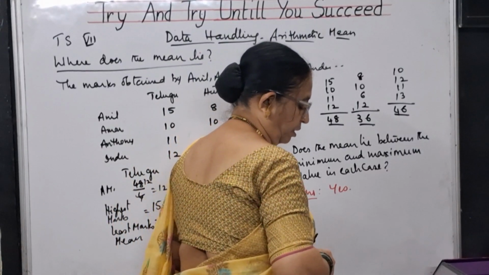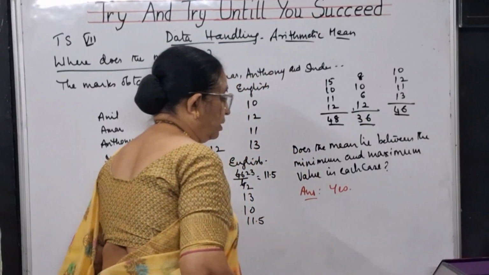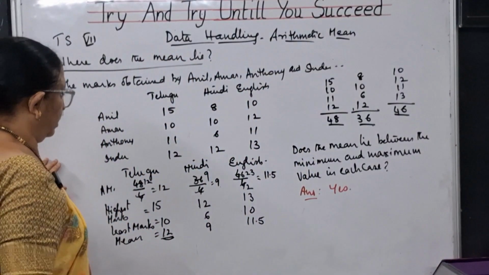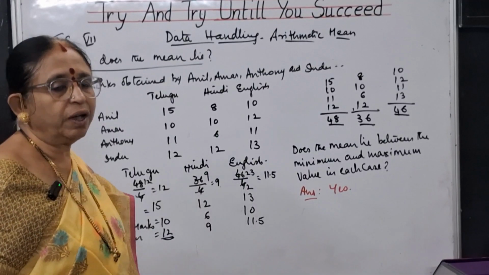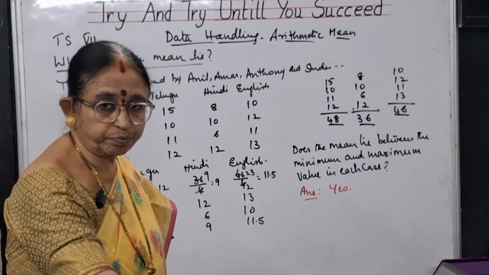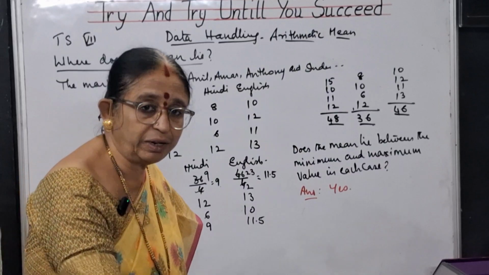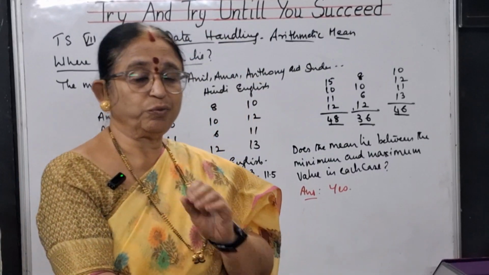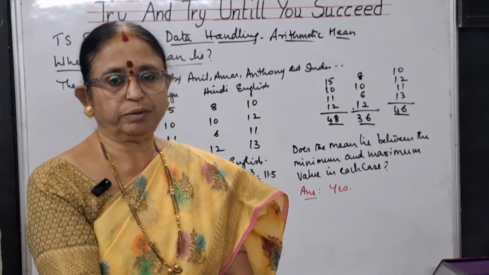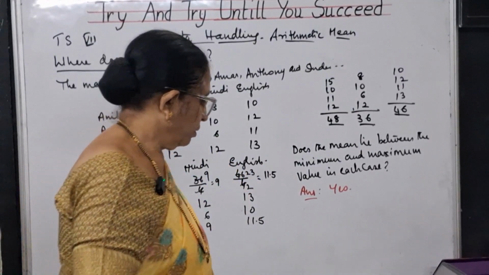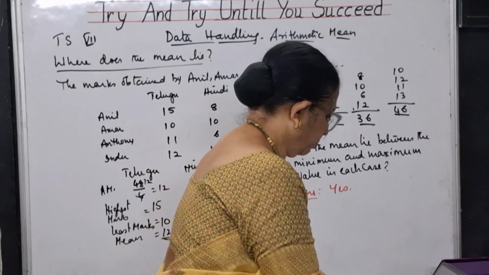Definitely, the arithmetic mean always lies between the maximum and minimum values of the given data. Remember it very well, because this point is very important in solving objectives and some sums also. So please copy this, children.